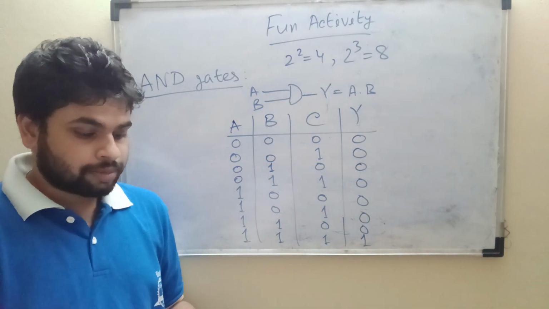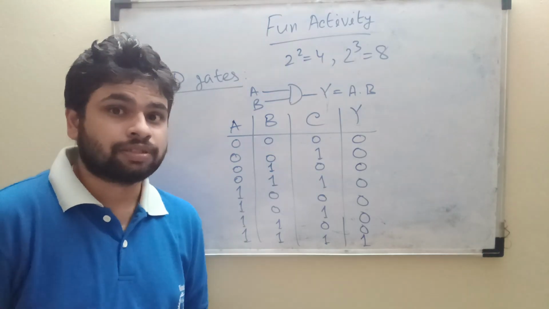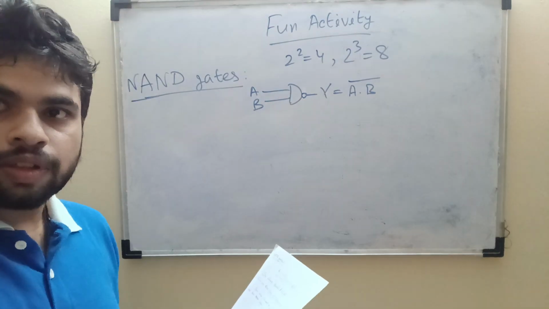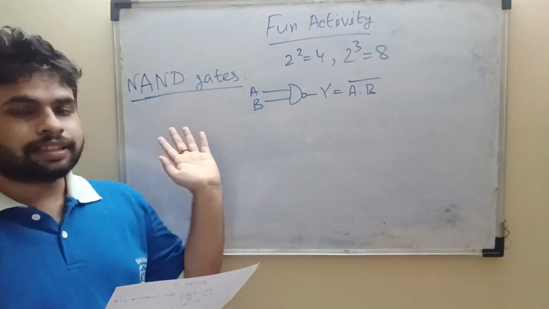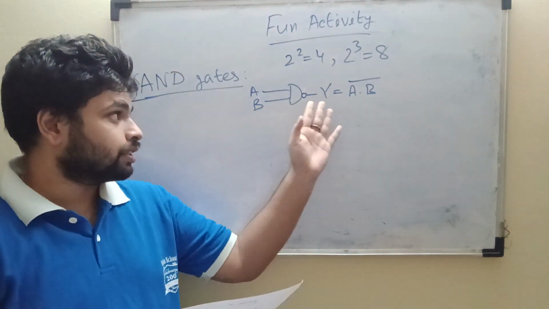So let's talk about the NAND gate, when a NOT gate is introduced with the AND gate. So when a NOT gate is introduced with the AND gate, then it becomes a NAND gate. What will be the output?